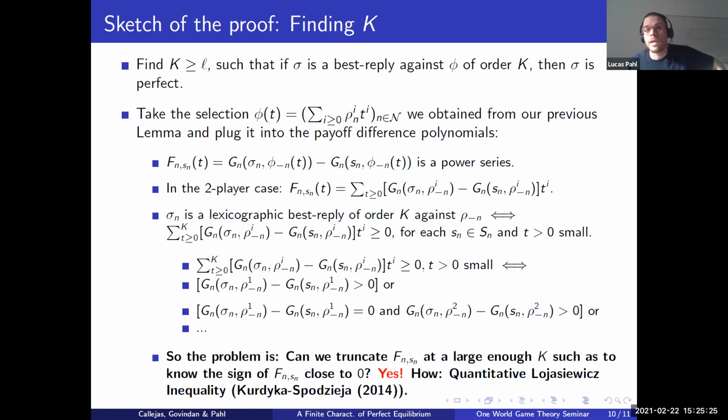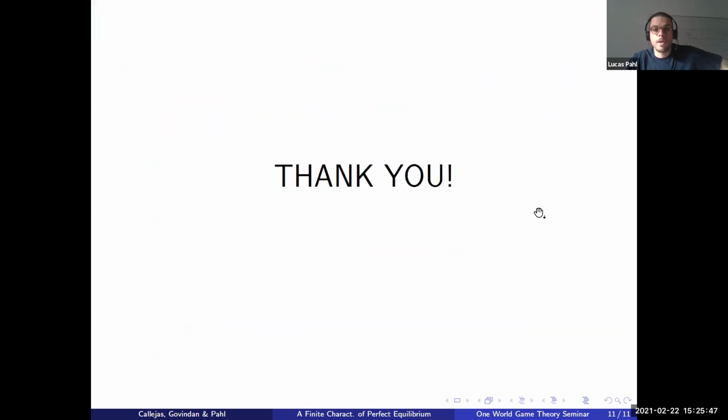Does there exist a k such that we only need to see finitely many coefficients of this power series to determine the sign? And that's where the result of Kurdyka and Spodzieja enters. There are a few more details, of course, to prove this, but we use the Łojasiewicz inequality to obtain this k, essentially. And that's it.